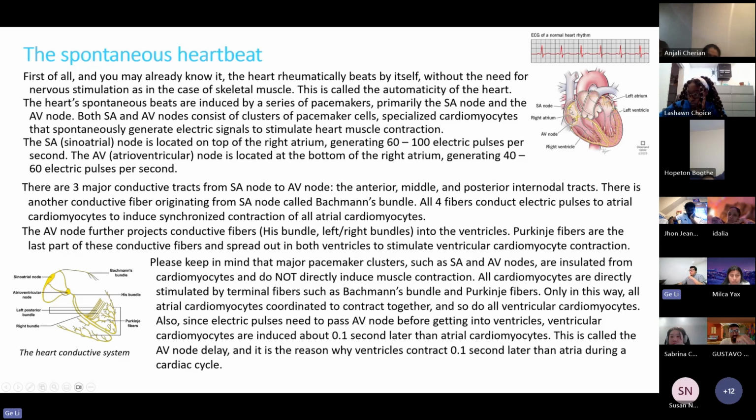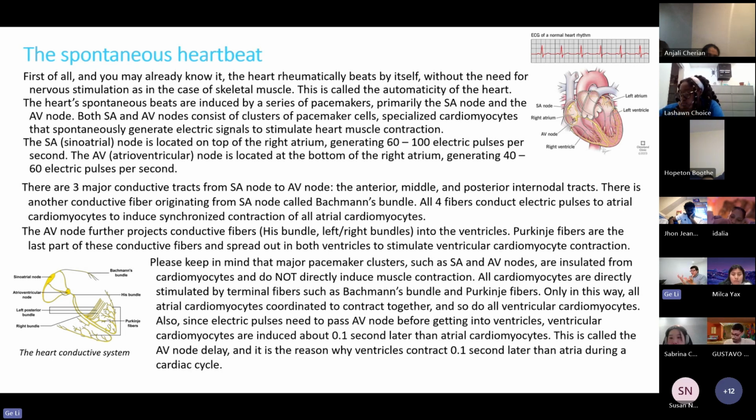So the SA node sends the signal to every single atrium muscle and the atrium contracts, and then it sends the signal to the AV node, and the AV node again sends the signal further through the final fiber. They call it the Purkinje fiber. The Purkinje fiber is the final fiber that directly connects to the ventricular cardiomyocytes.